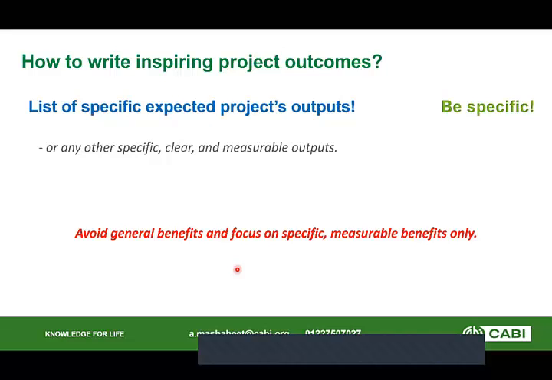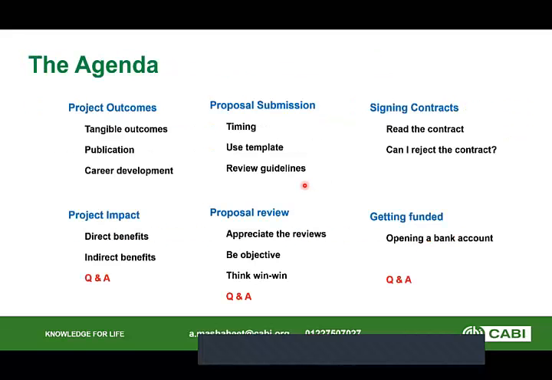And as we said before, try as much as you can to make it a list where there are specific items, in contrast to general sentences in lengthy paragraphs. So be specific, and focus on the most clear and measurable outputs.